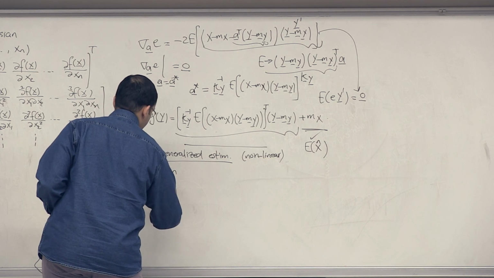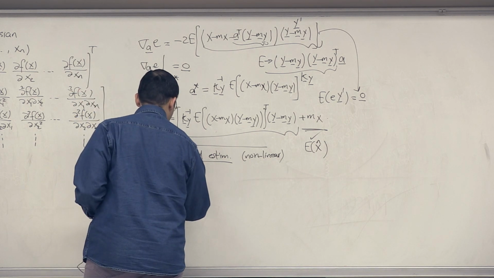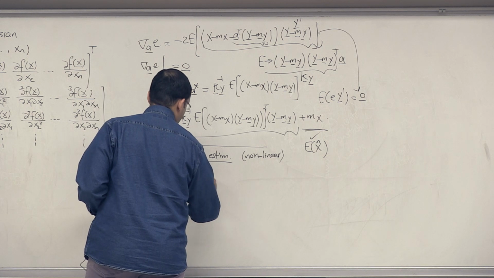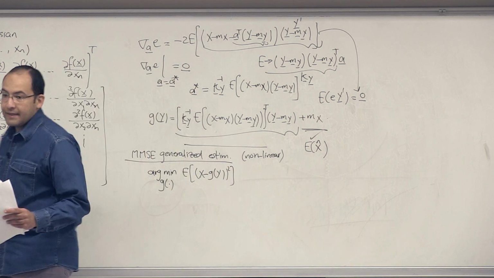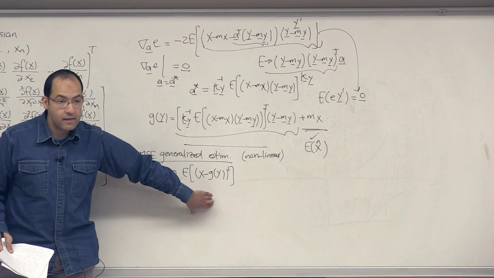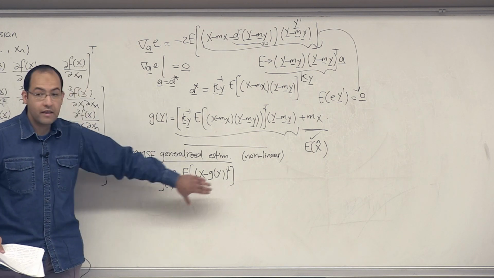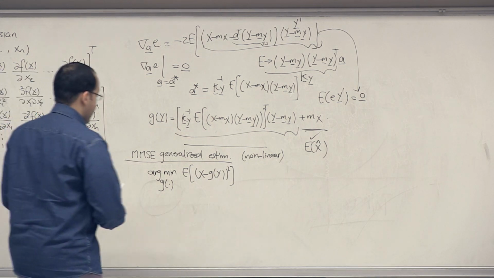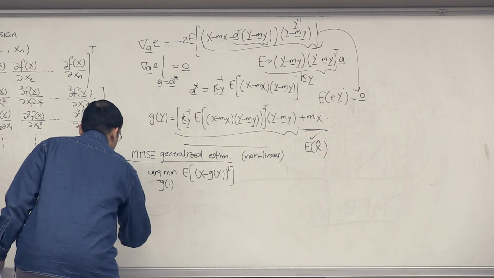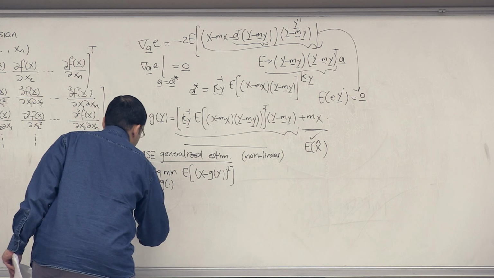We want the argument that minimizes this error, x minus g of y squared. That is flat out our problem. We want to minimize this expected error. We want to find g that minimizes this expected error. No assumptions. There's no assumption we put here at all. Okay, let's try to think of this through the total expectation.